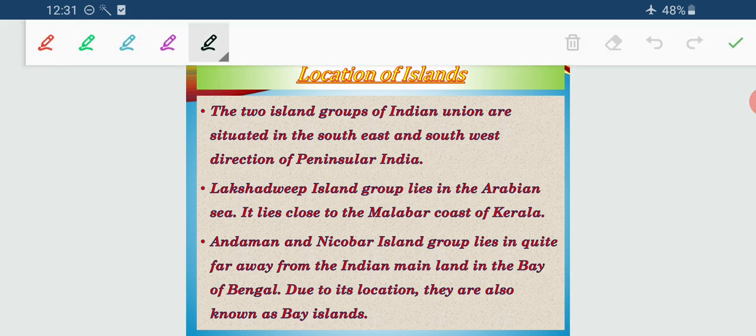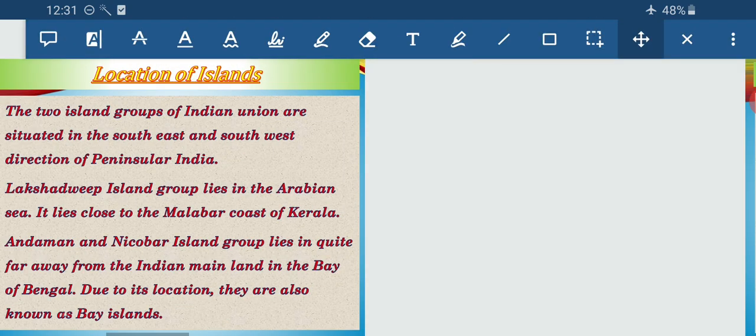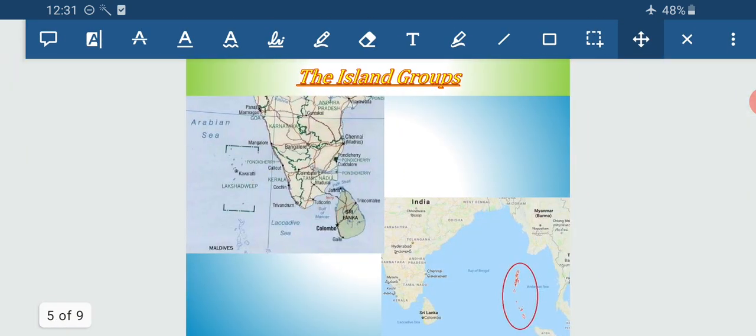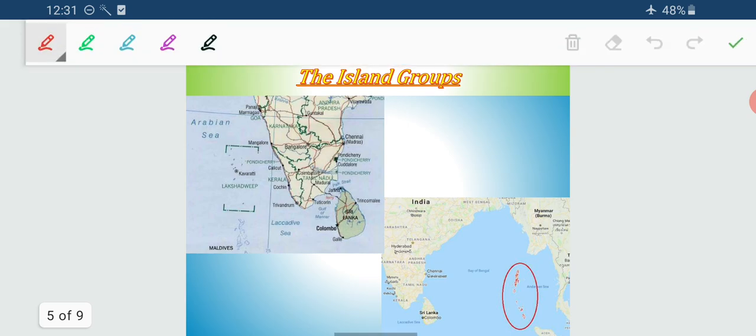Now where the island groups are located, let us keep it in our mind. You can see the map that is there. This is the southern tip of our country.